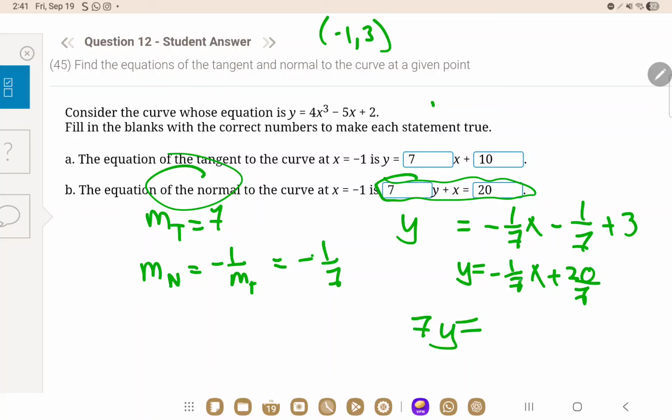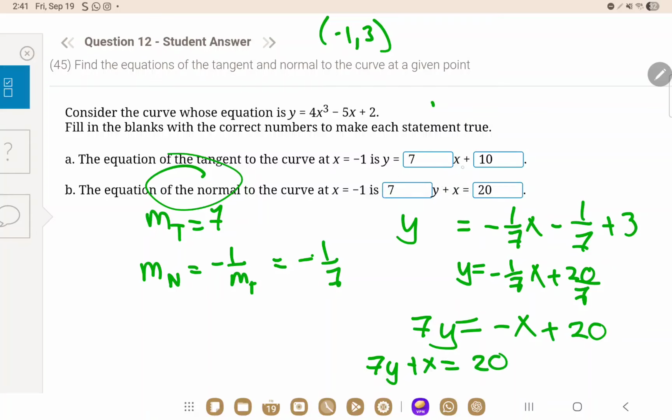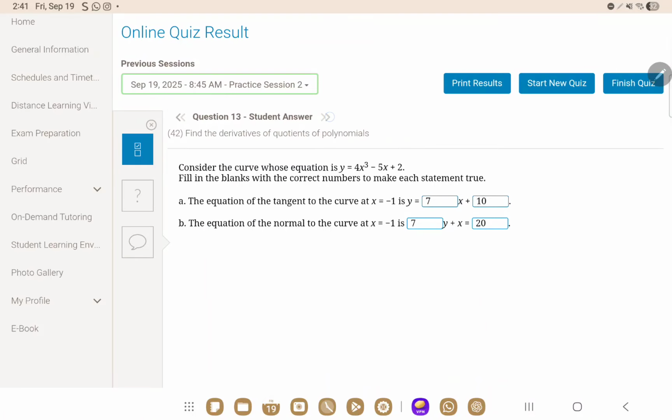So -1 over 7 x times 7 is -x, plus 20 over 7 times 7 is just plus 20. Now they also want us to make x positive, which means moving it to the other side. So it's 7y plus x equals 20. And that matches this equation exactly. And that is your final answer. Moving on.